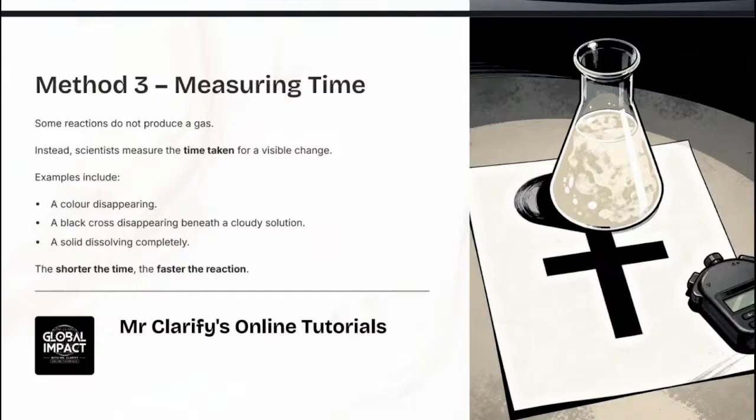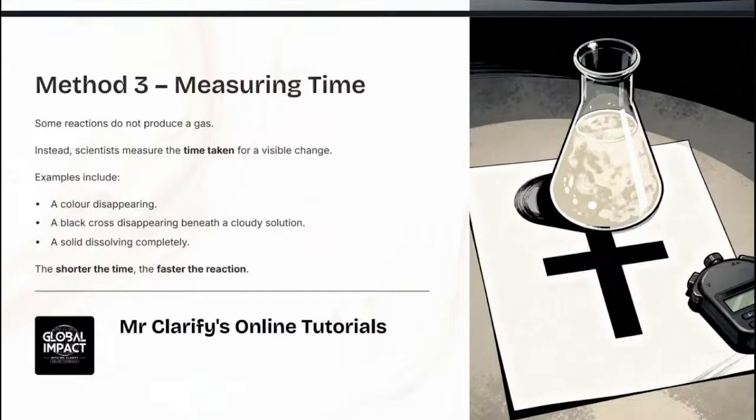So what you do, listen, you lift this flask and you put it on top of the X. And when it starts, you'll be seeing the X. But as the reaction keeps happening, the X begins to disappear. So you can no longer see it. The black cross has disappeared. Once it fully disappears, you can stop your reaction.